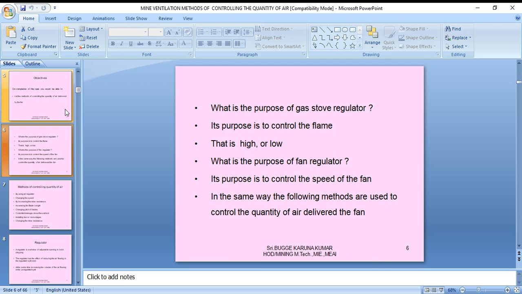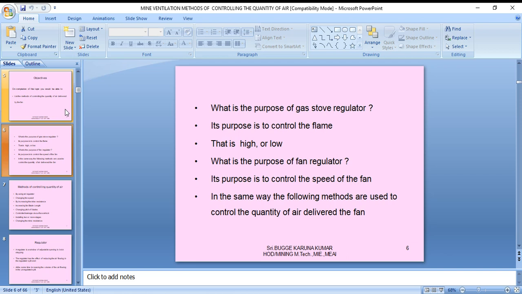Similarly, in the case of a fan, somebody in the house, your father, says reduce the speed. So it is simply regulated by the one, two, three, four numbers. You simply turn to the left side to reduce or the right side to increase. This also reduces the speed, RPM, revolutions per minute, in the case of household fans.